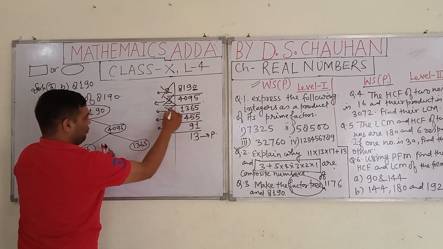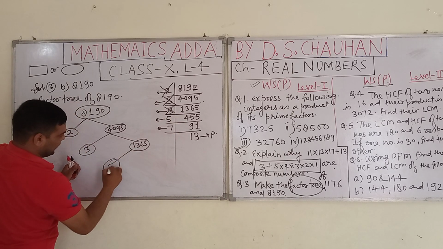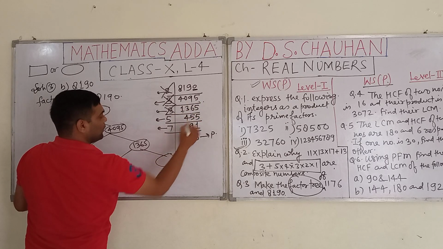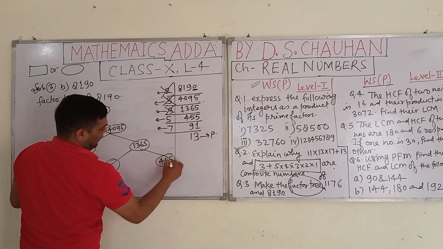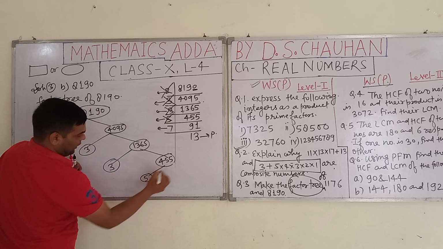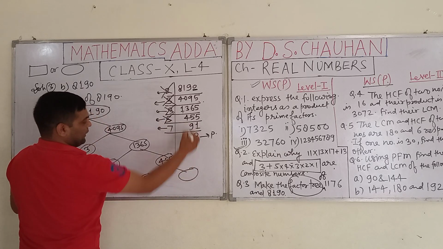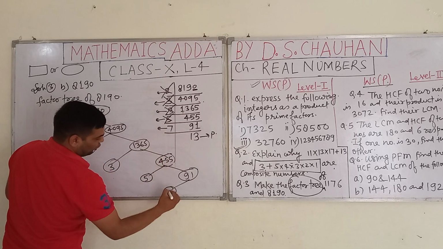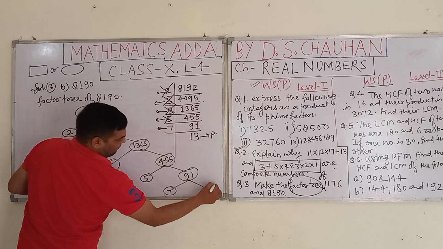1365. Now here comes 3. What will remain, students? 455. Now here is 5. What will remain there? It is 91, and at last you are getting both numbers as prime.